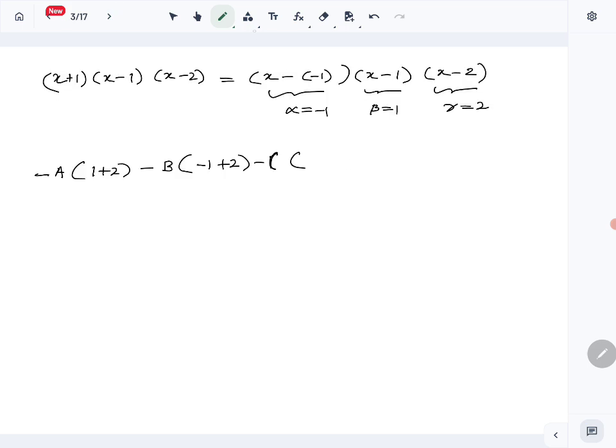What is alpha? Alpha is minus 1, beta is plus 1. So what do we have now? Minus 3a minus b is equal to 0. Right.